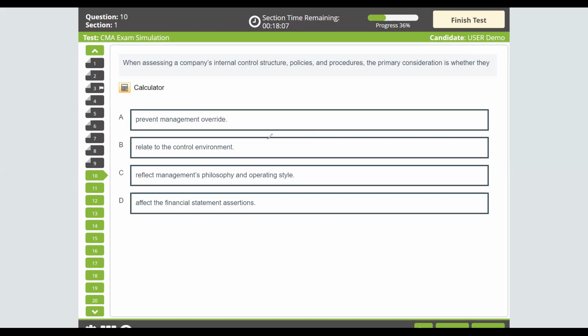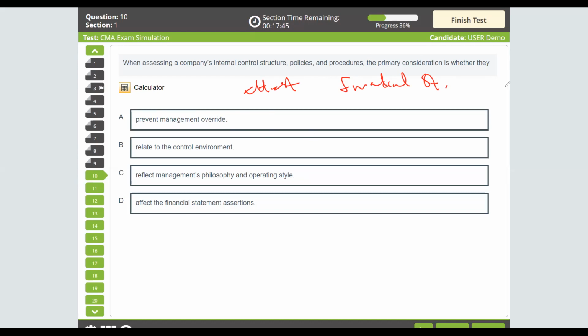When assessing a company's internal control structure, policies, and procedure, the primary consideration is whether they are good. What's the purpose of internal control? That is to attest that the financial statement is fairly presented.